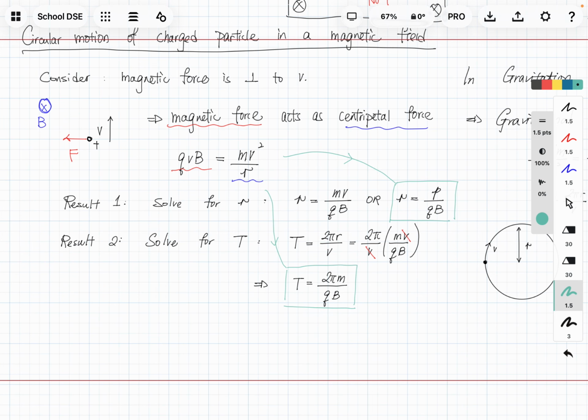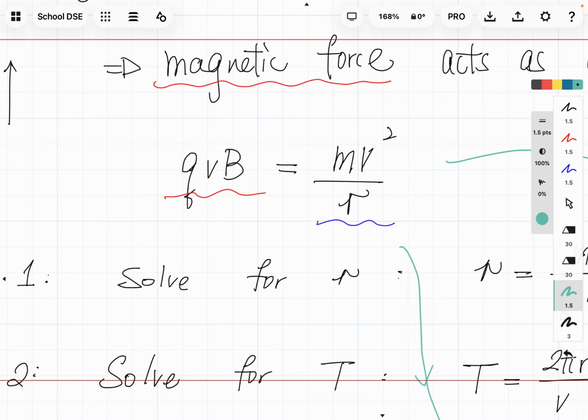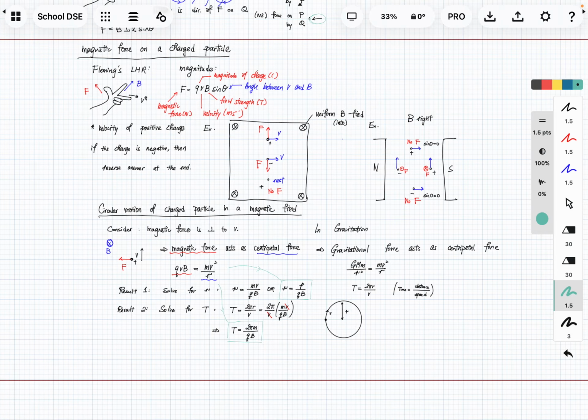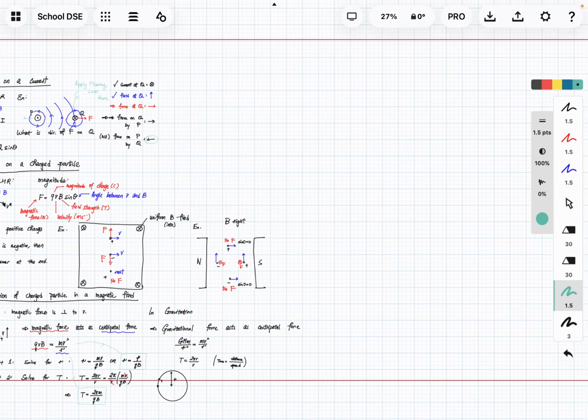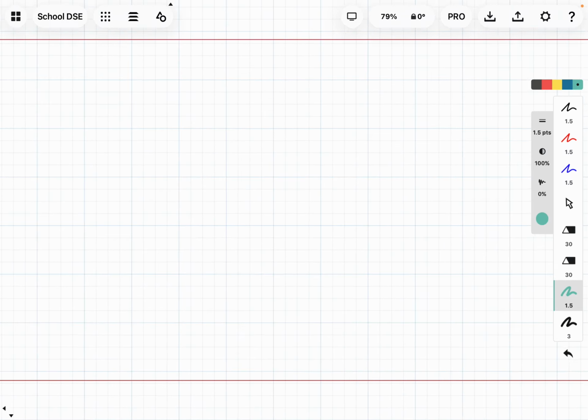For this part, you have a zero gradient, so the EMF is 0. For this part, you have a negative gradient, so the EMF is positive. So there will only be EMF induced whenever there is a change in magnetic flux linkage.